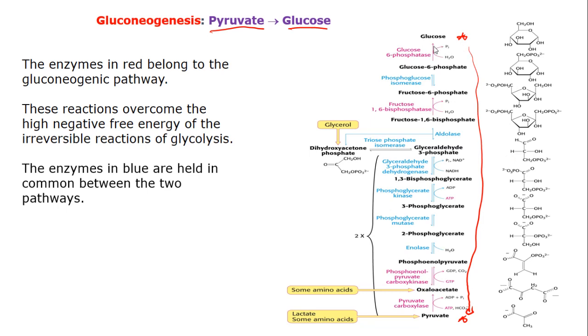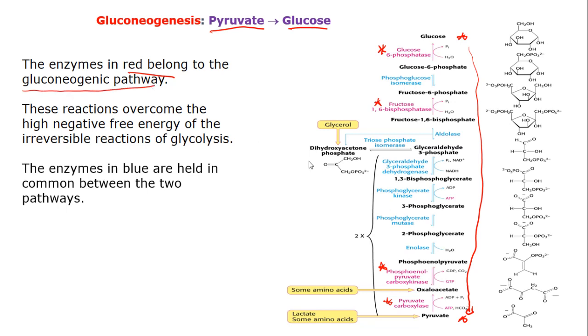Now, within the process of glycolysis, we can take note of these enzymes in red. So there is that enzyme in red, that enzyme in red, that enzyme in red, and that enzyme in red. So the enzyme in red belong to the what? Gluconeogenic pathway.